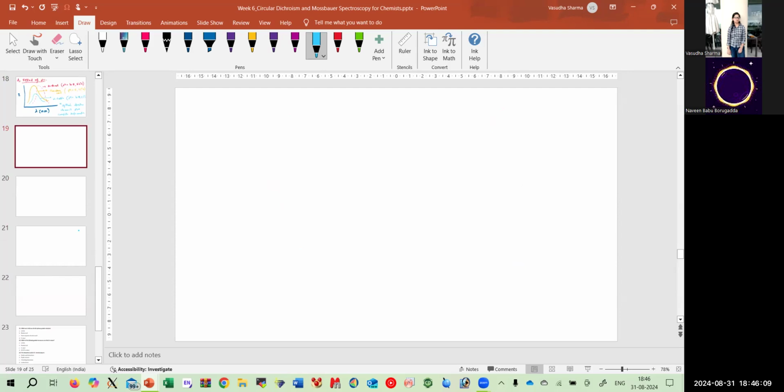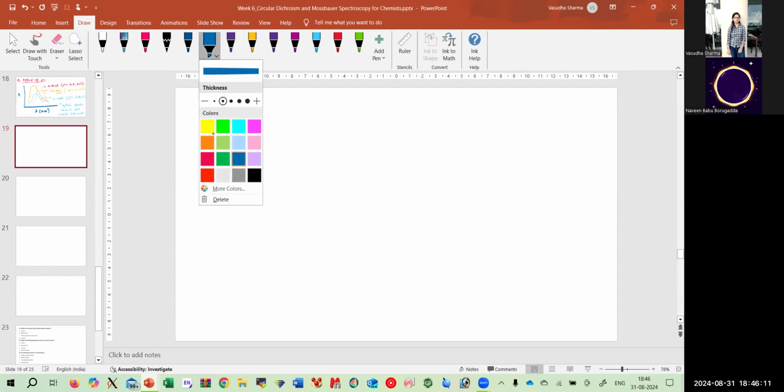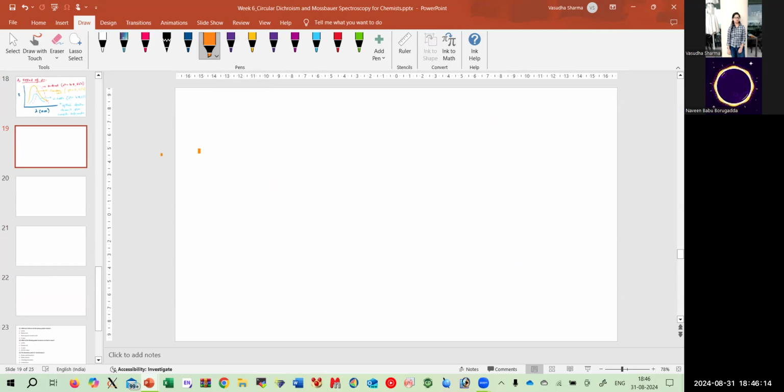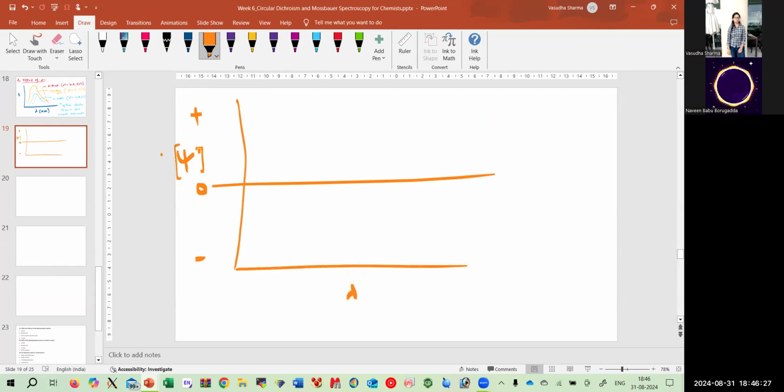So how would your CD spectra look like? We know that this is 0, this is positive, this is negative, and we're talking about the molar ellipticity side, and here it would be the wavelength. When we said that alpha helix is there, it should have a band at 193 or 195 going to this.